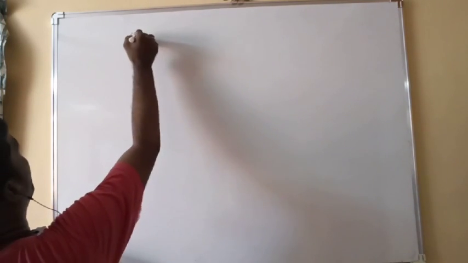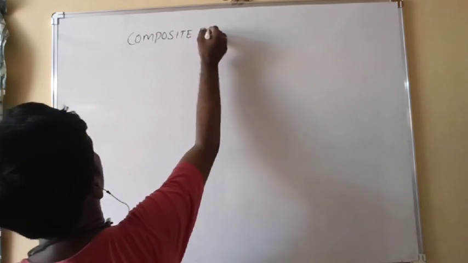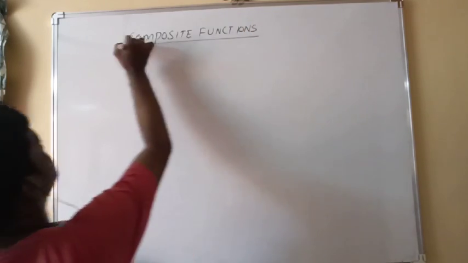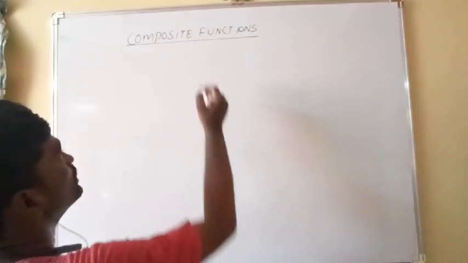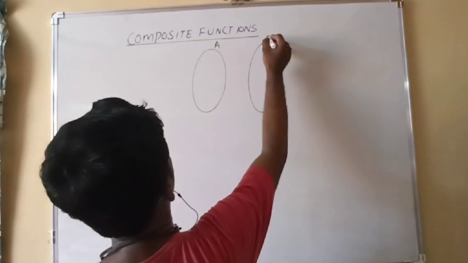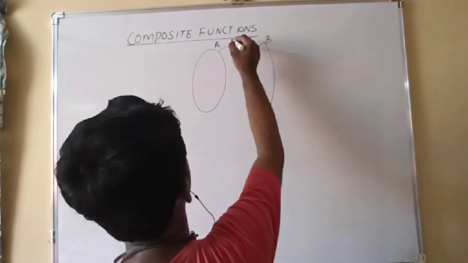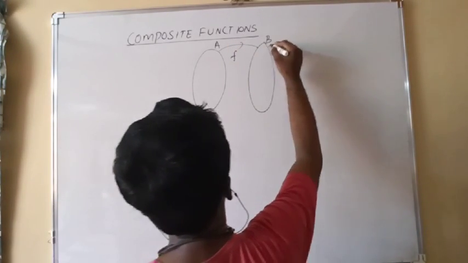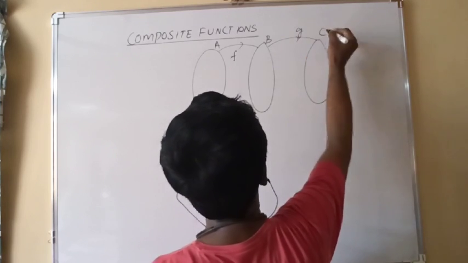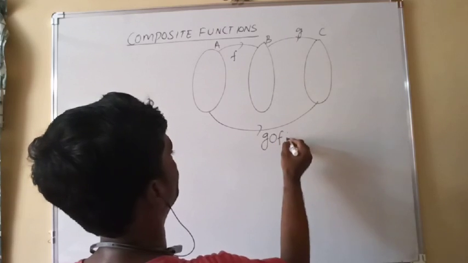Continuity of composite functions. So you are familiar with this. If f is a function mapping from A to B, and if g is a function mapping from B to C, then g circle f is a mapping from where to where?